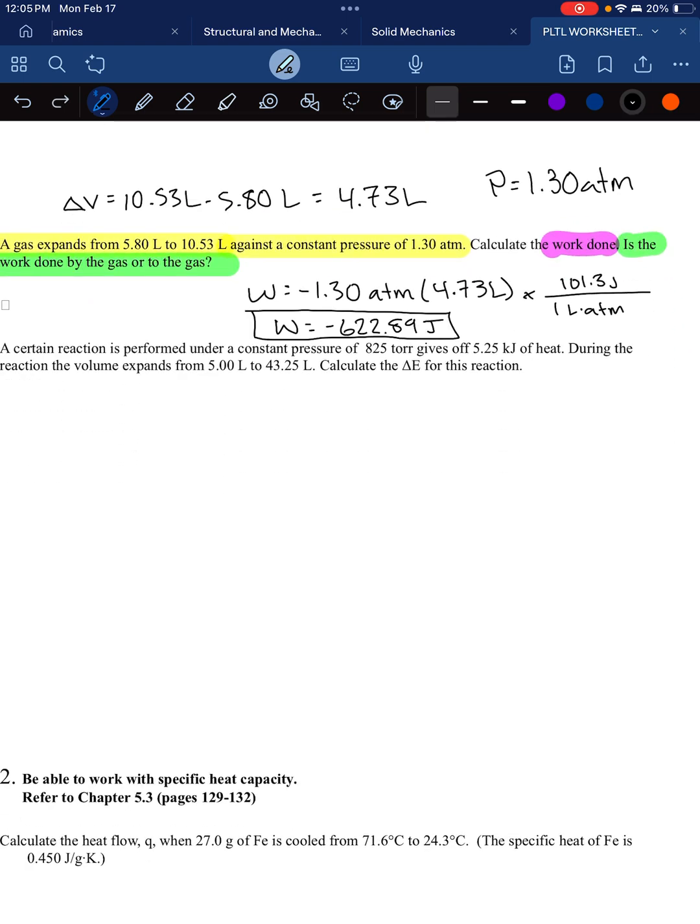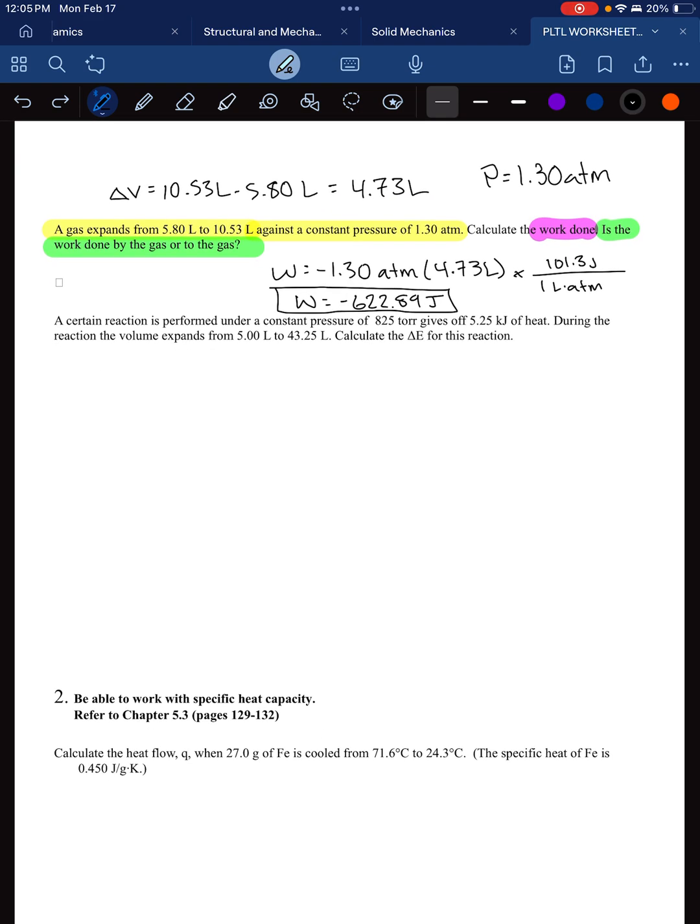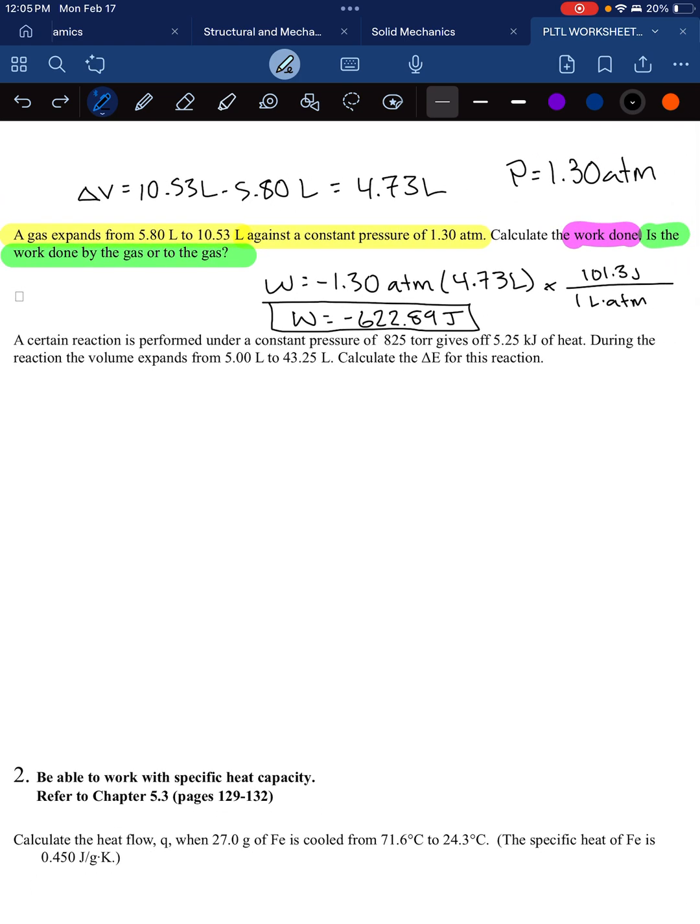And let's talk about the sign. So the sign is negative, and we want to know, is the work done by the gas or to the gas? So in this original problem the gas is expanding, right? And when this gas is expanding, there is negative work being done. And so what that means is that the work is done by the gas.